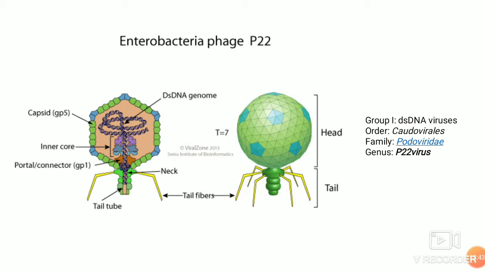P22 infects Salmonella. The receptor is the O antigen repeating units of bacterial lipopolysaccharide, which the tail spike binds. The interaction of the tail spike protein with this receptor gives a very narrow host range.